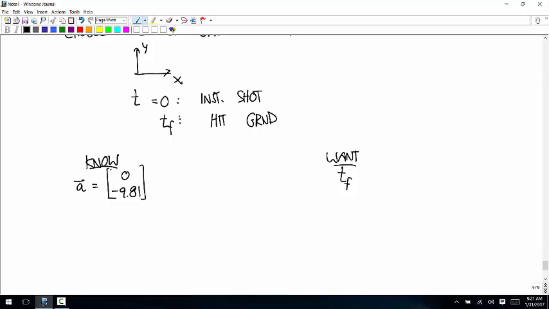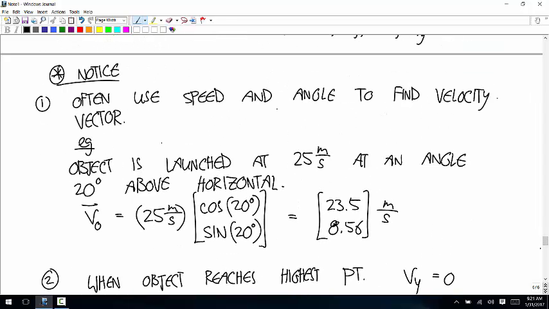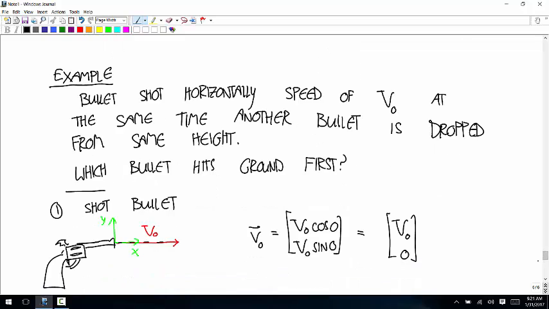Do we know the initial position? Oh, I didn't say the height, but I guess I better. So let's say the height is h.